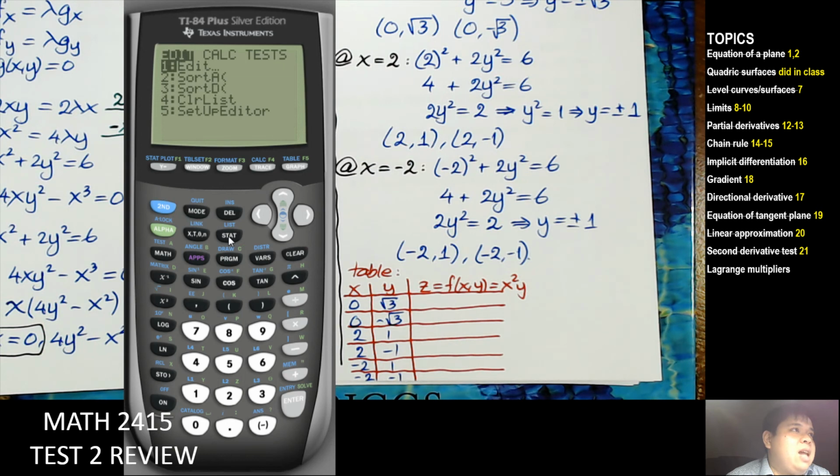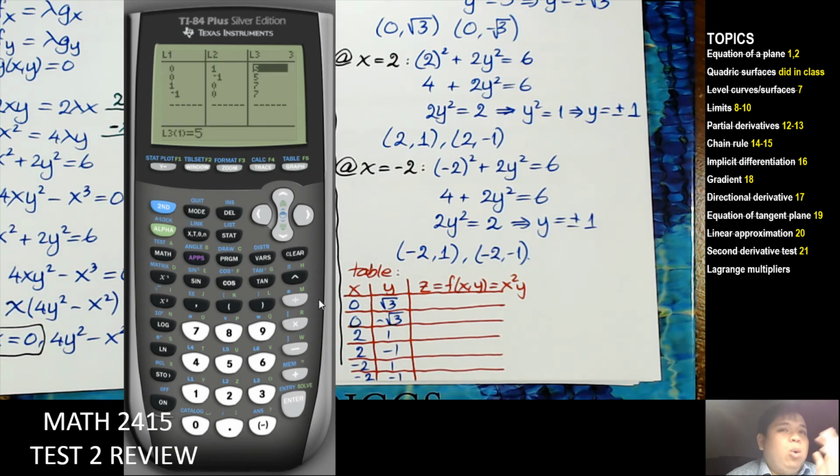Hit the stat key and then enter. We need to clear all of the previous data. To clear it, don't ever hit the delete button. That will give you weird things. Just highlight the L1, hit clear, and that will clear the list. Highlight the L2, hit clear, and then highlight L3, clear, and it's clear.